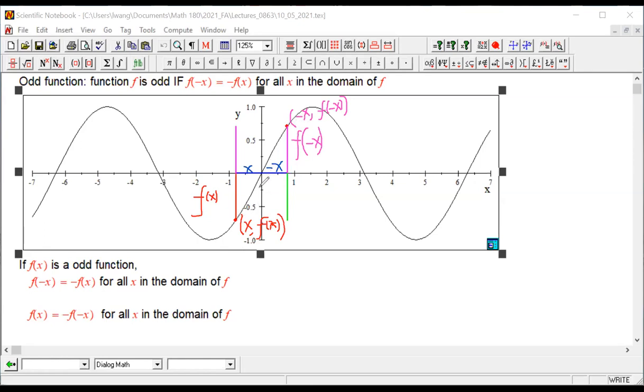So this purple and this red are of the same length, but opposite in sign. It's like negative root 2, positive root 2. Negative 1/3, positive 1/3. You guys follow me?